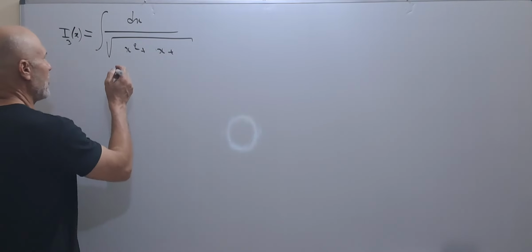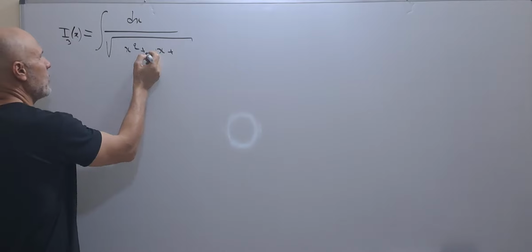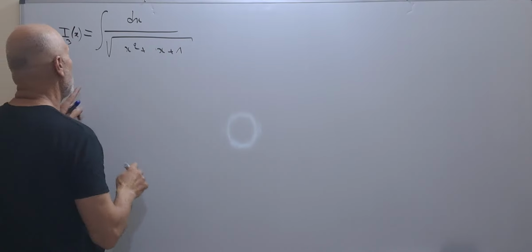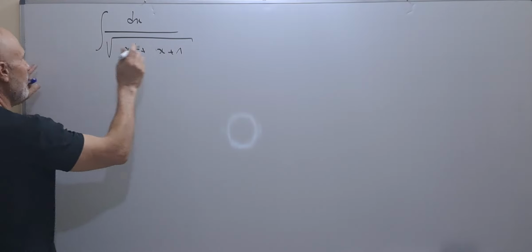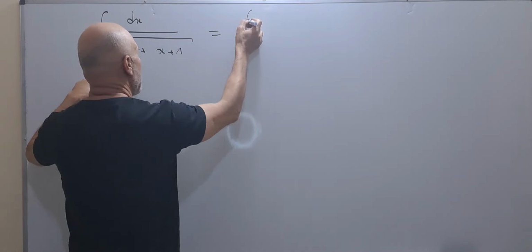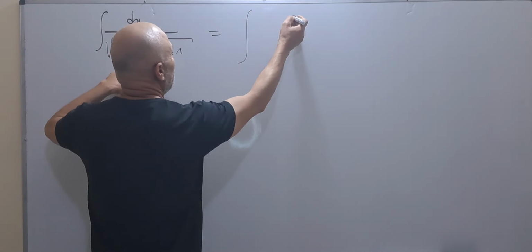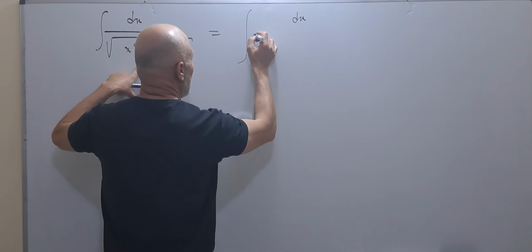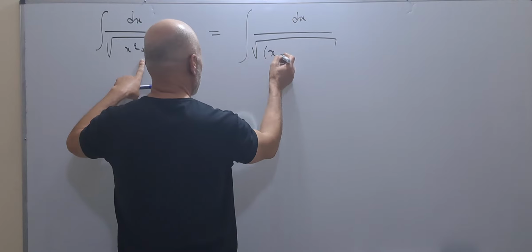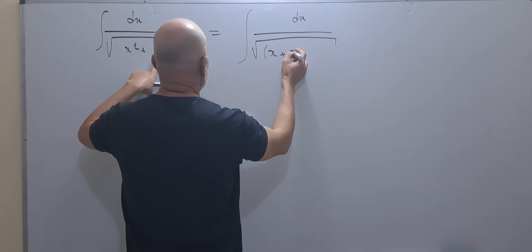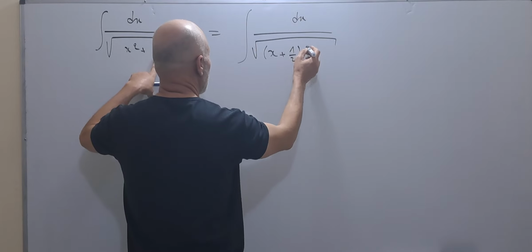the definite integral. So the case x squared plus x plus 1, this is an example, can be written as dx over the square root of x plus 1/2 squared.